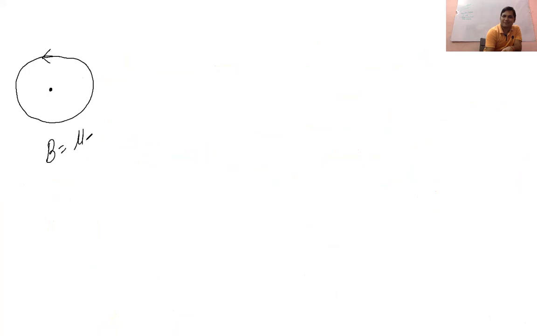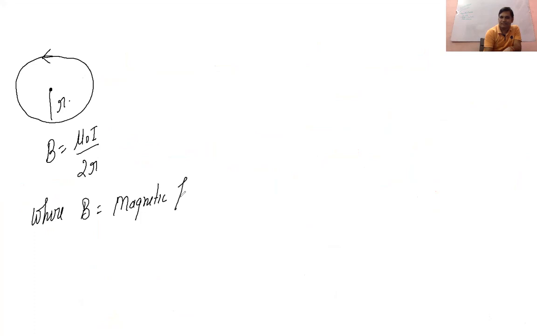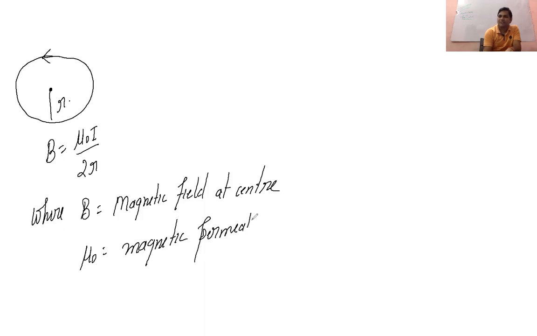So this will be mu naught I upon 2R, where R is your radius, B is your magnetic field at center, and mu naught is basically magnetic permeability. This formula is not in your syllabus, but for your information I am writing it. Magnetic permeability, I is current, and R is the radius of loop.